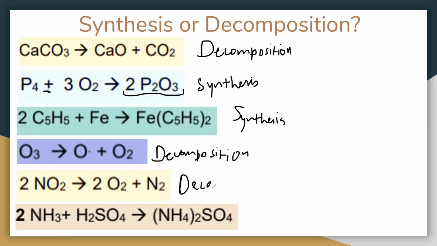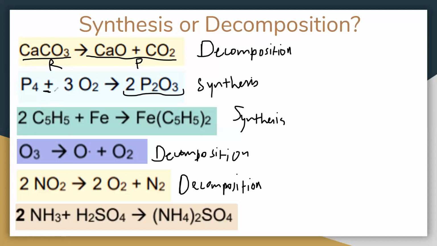Remember, guys, it does matter which side of the arrow the elements lie on. Remember in 4.1, we said whatever's on the left-hand side are our reactants, and whatever's on the right-hand side are our products. So this would be decomposition as well.